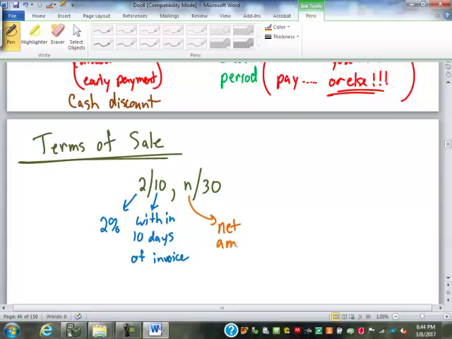Net amount is due within 30 days of the invoice.